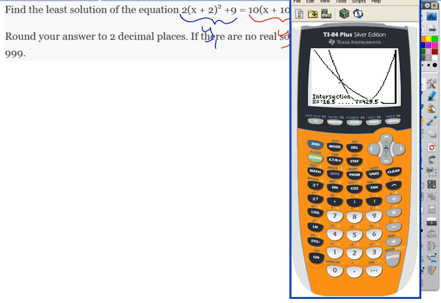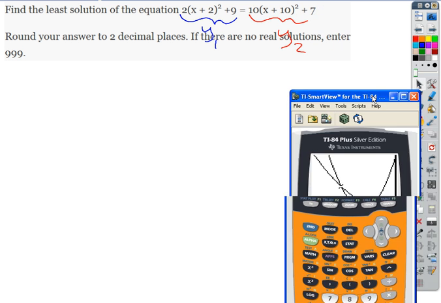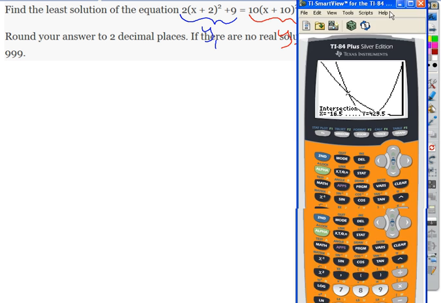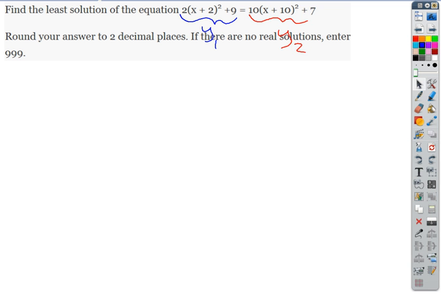Now, the other way we could do this is we could pull everything over to one side. So let's make it green. We'll add these things. I'm going to subtract all this stuff to the other side. Now, I don't have to be fancy about this. I don't have to simplify it. I've already got this stuff over here. I've already got 2 times the quantity x plus 2 squared plus 9.